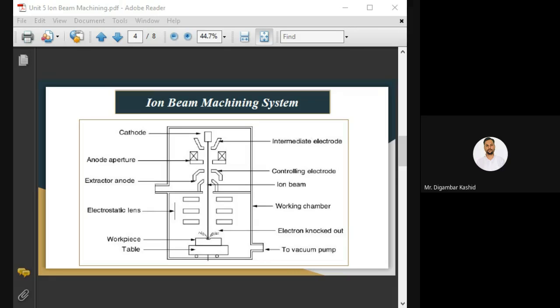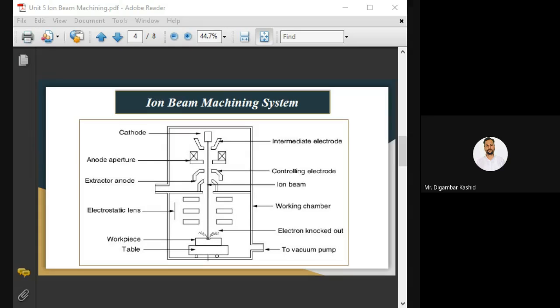That stream of charged ions of an inert gas is accelerated in a vacuum to high energies and directed at the solid workpiece surface.